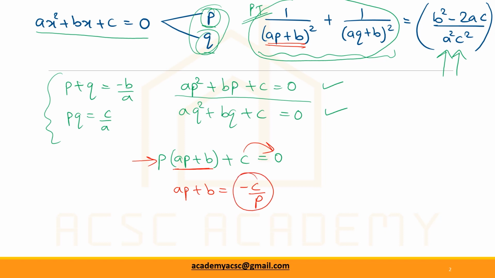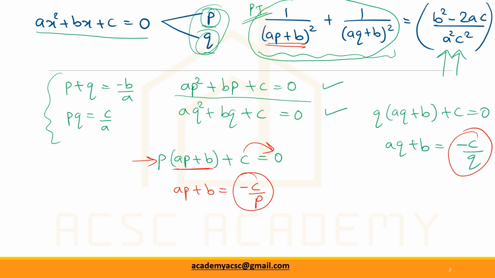Similarly, dealing with the second equation, taking Q as common, we'll get Q(aQ plus b) plus c equal to 0, and from here we'll get aQ plus b equal to minus c by Q. So now we have values of both these denominators. We'll now simply substitute them. So let's see, it is 1 by (aP plus b) the whole squared.